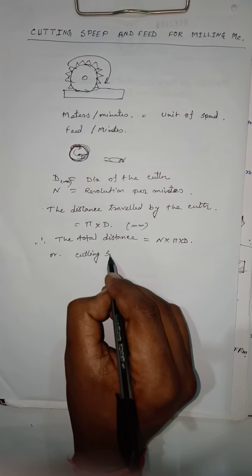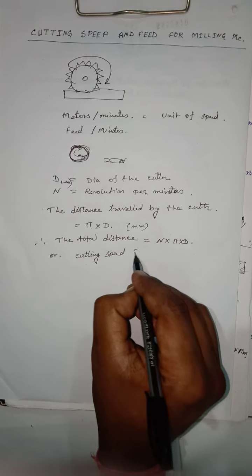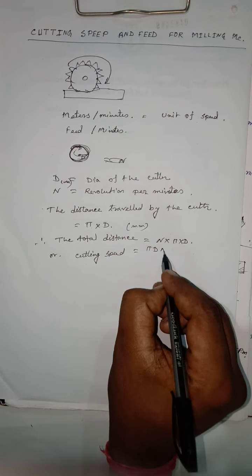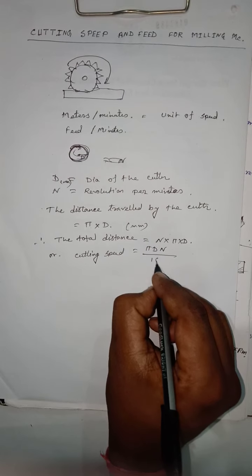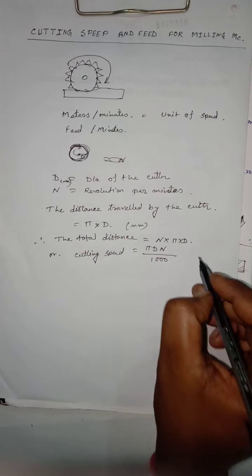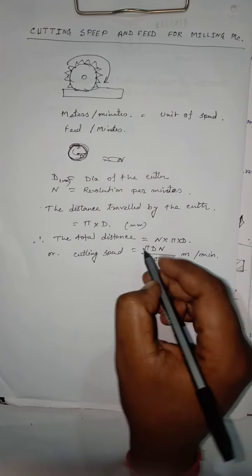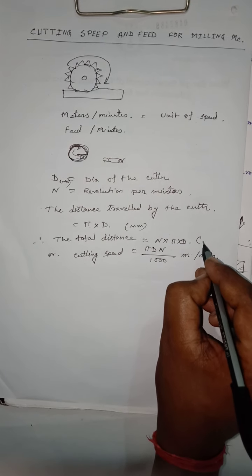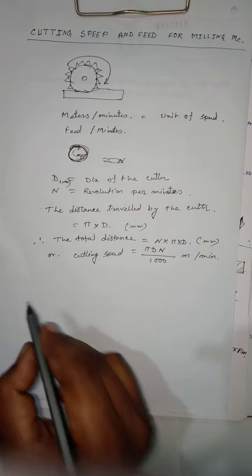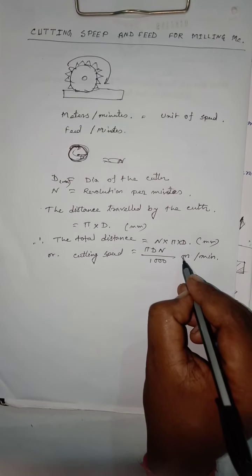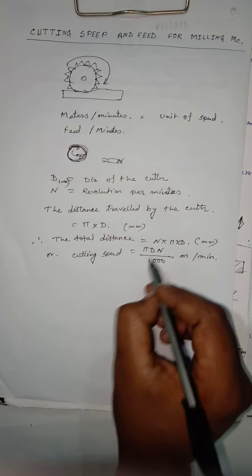Cutting speed is equal to pi D N by 1000 in meters per minute. That means D is in millimeter units, and since the speed is in meters, 1000 is below.